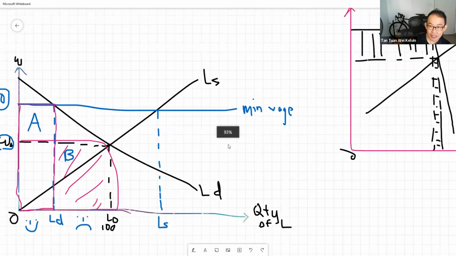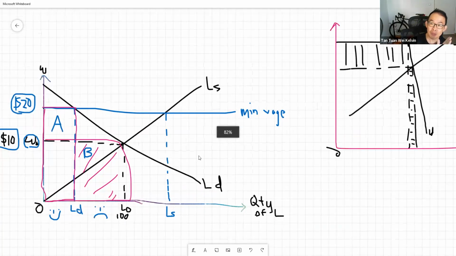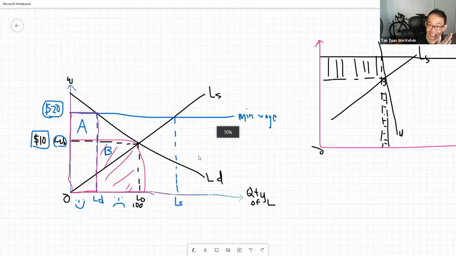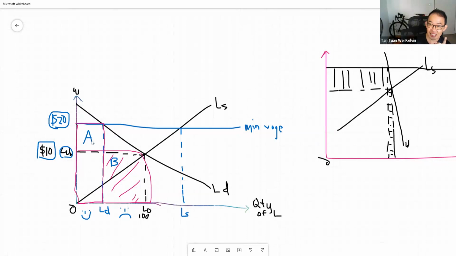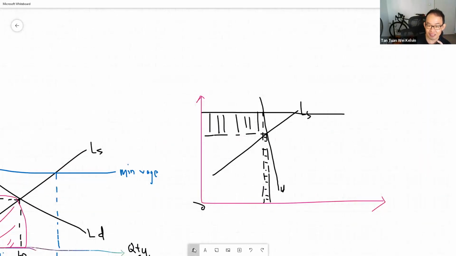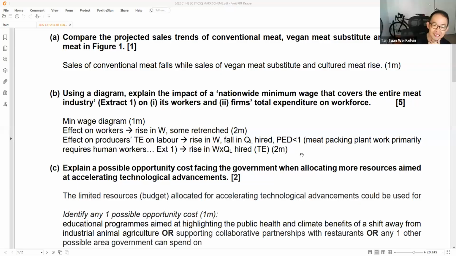In the one on the left, the labor demand is sufficiently wage elastic such that area A will be smaller than B. But for this other graph, this is our area A and this small area is B. So in this case, it's also possible to show that the expenditure goes up. Once you are clear about this, this answer is also reasonable.